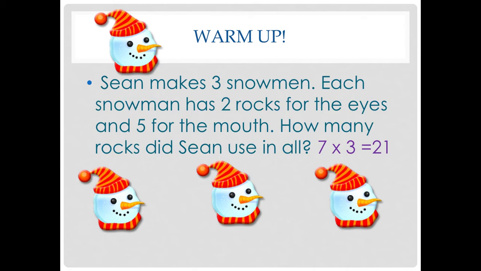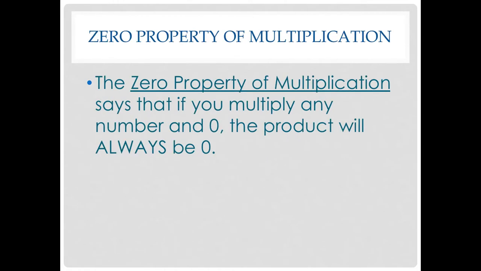So instead of having to do how many eyes in total and then how many mouth rocks, if you combine, you can do 7 rocks per snowman times 3. So this snowman needs 7, this snowman needs 7, as well as this snowman needing 7. So 7 plus 7 plus 7 equals 21. Used repeated addition to solve this problem right here.